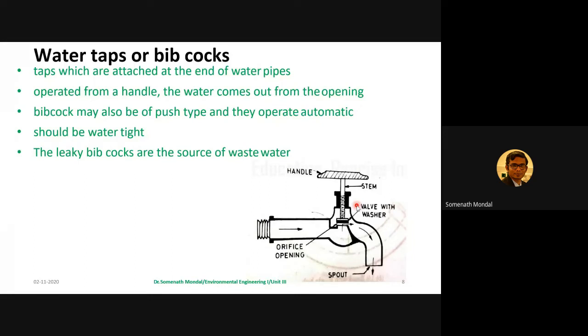And if they are damaged because of several uses, then again we change those rubber or leather washers, and then we can ensure water tightness for the entire service life of the bibcocks. So with this, we'll stop today.